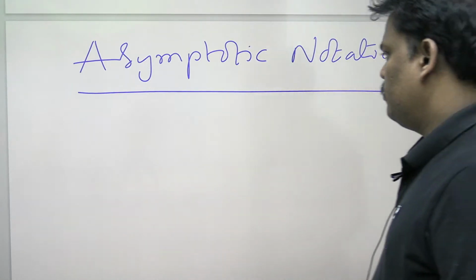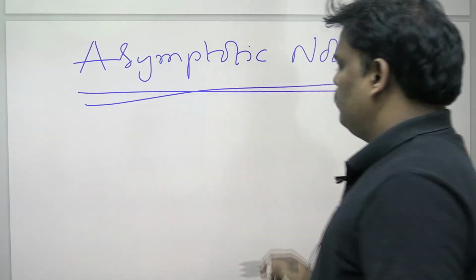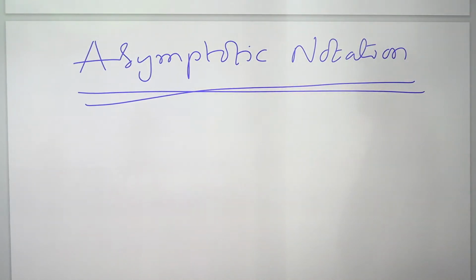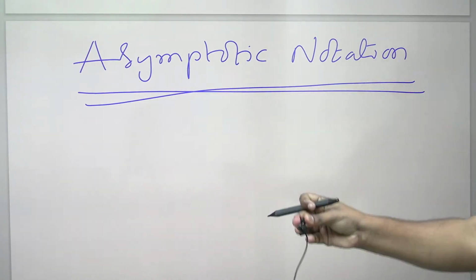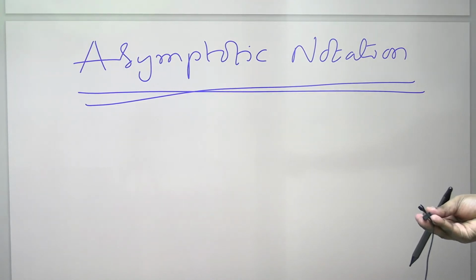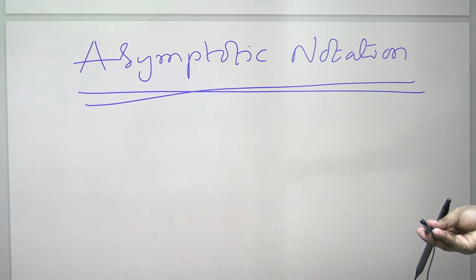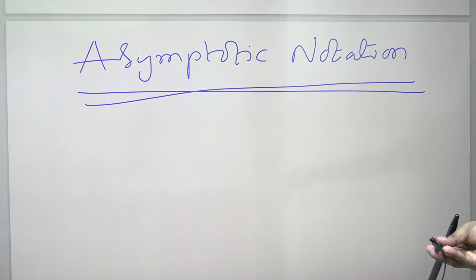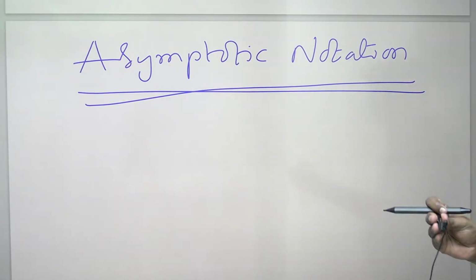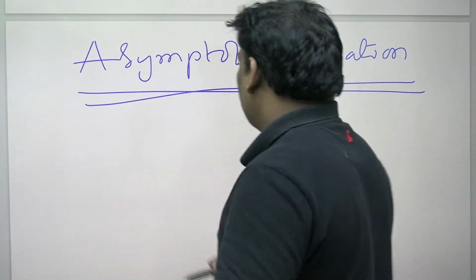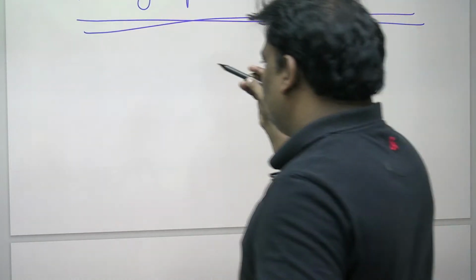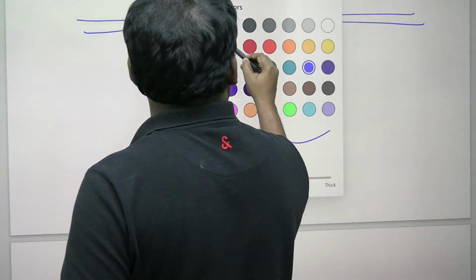Asymptotic notation, which internally contains, first one, big O.